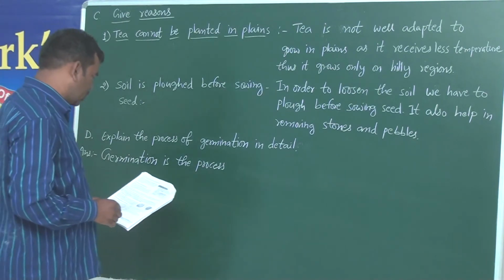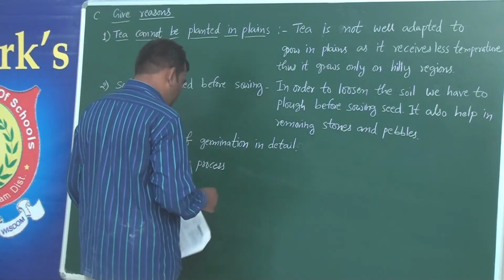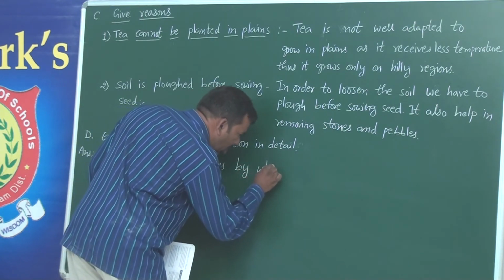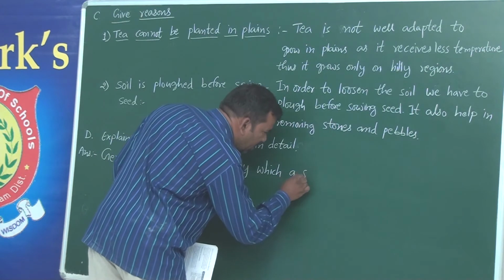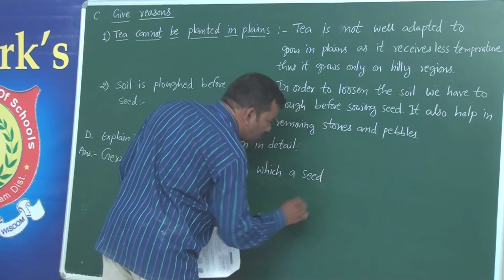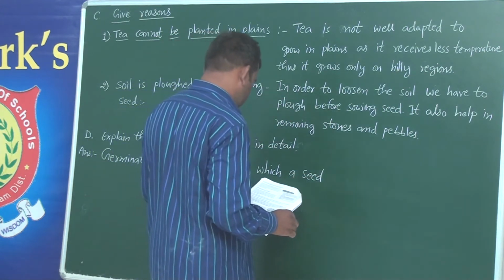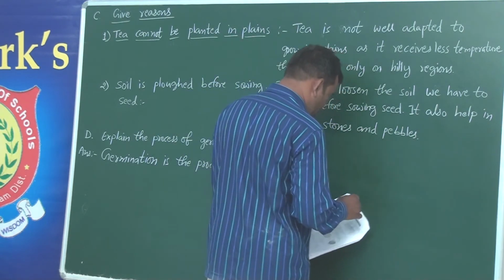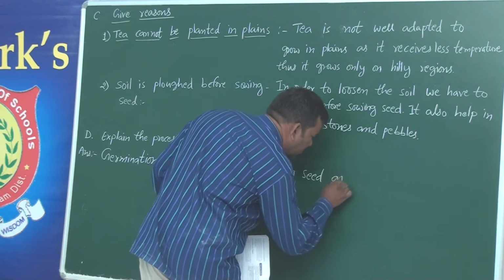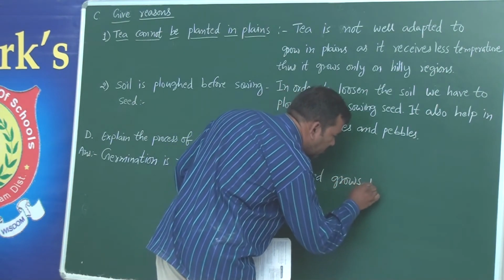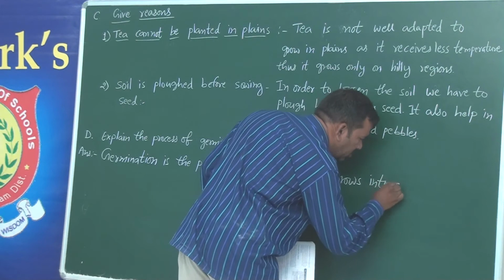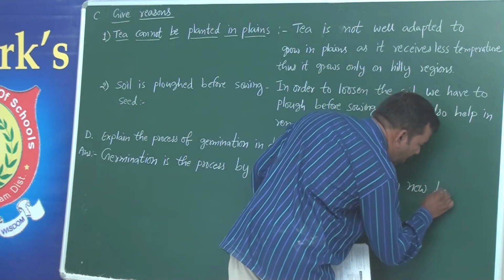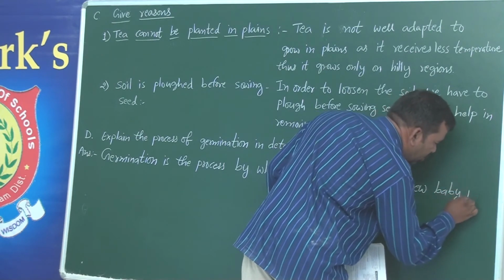Germination is the process by which a seed produces a baby plant.